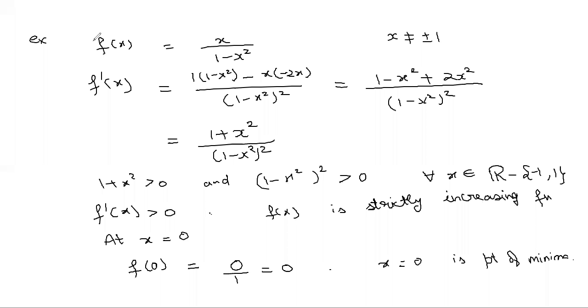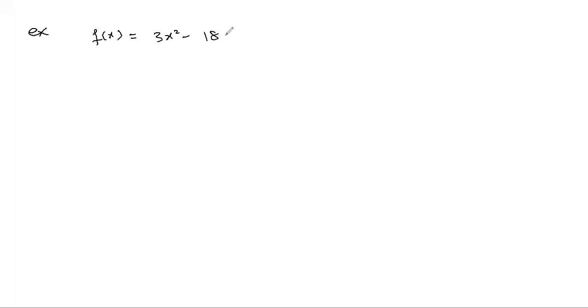Let's have another example. Suppose the function is 3x square minus 18x plus 2. Let's find its first derivative. The first derivative is 6x minus 18, and it can further be factorized as 6 times (x minus 3).